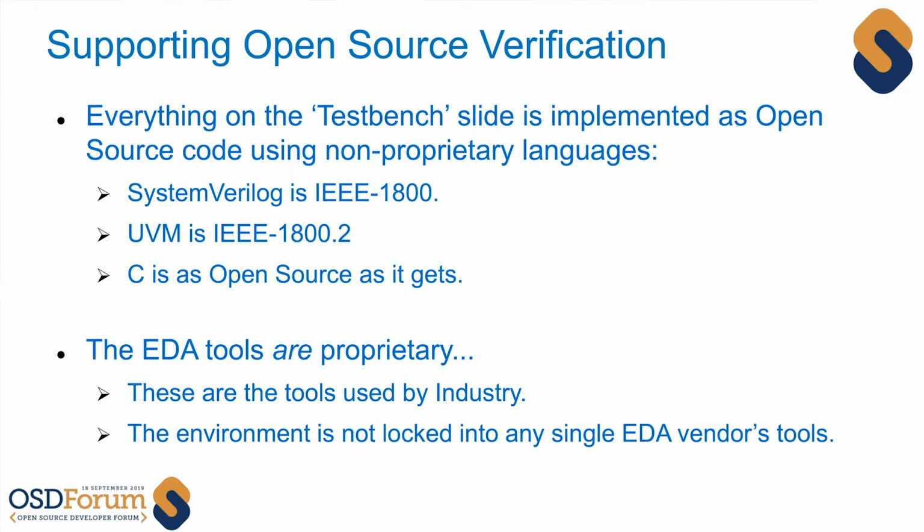We're currently running this test bench on the Metrics System Verilog simulator. The Imperius tool is itself proprietary, but this is the kind of thing that the folks in industry expect to use. People expect to use tools from EDA companies. They expect to pay money for them, but we want to make sure that the code that they're running can run on any of these platforms.